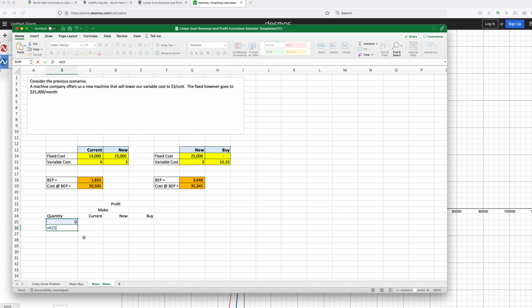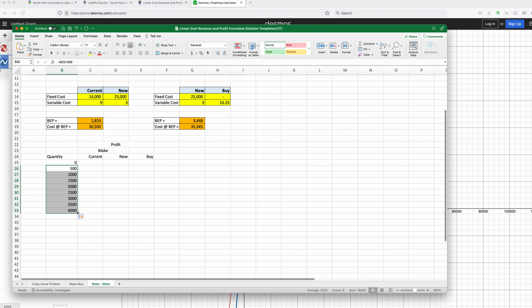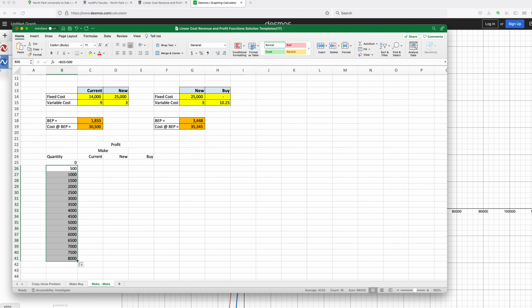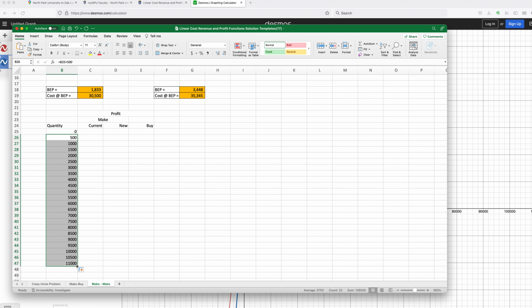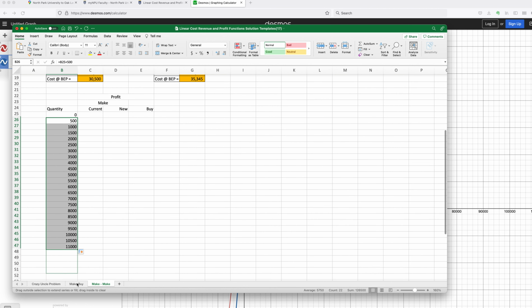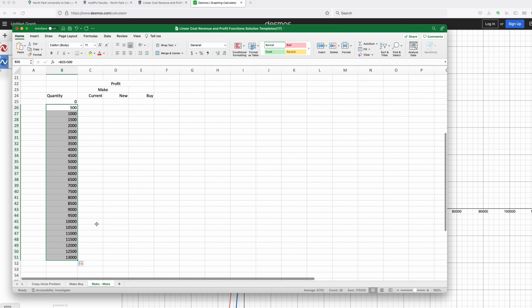Equals this plus 500. That takes us up to 4,000. Let's take it up to 8,000. Let's take it up to, I don't know, here we go, 13,000.